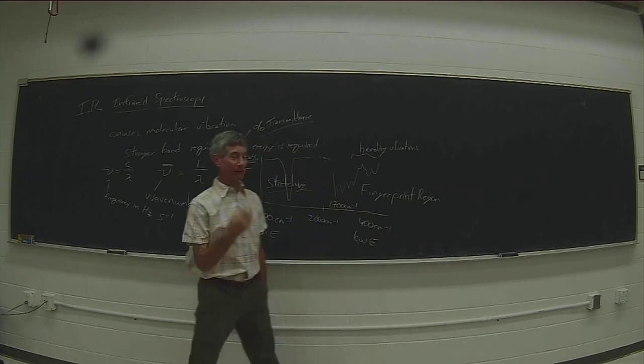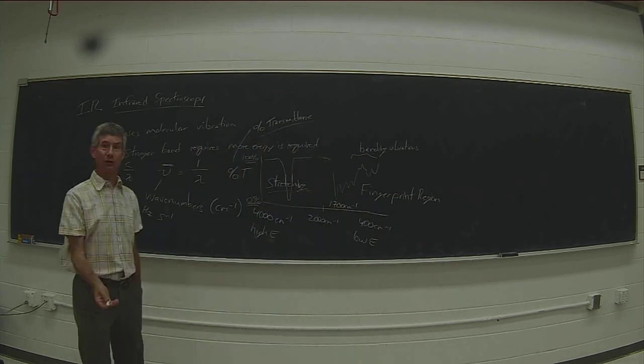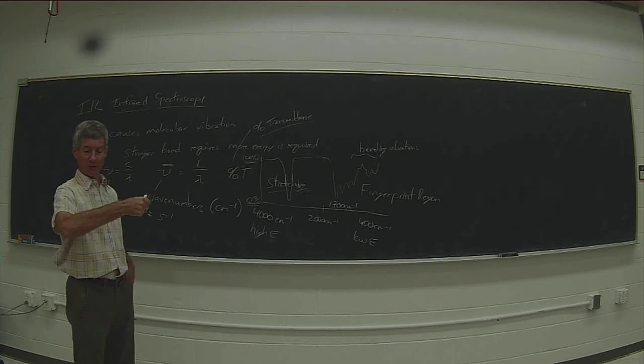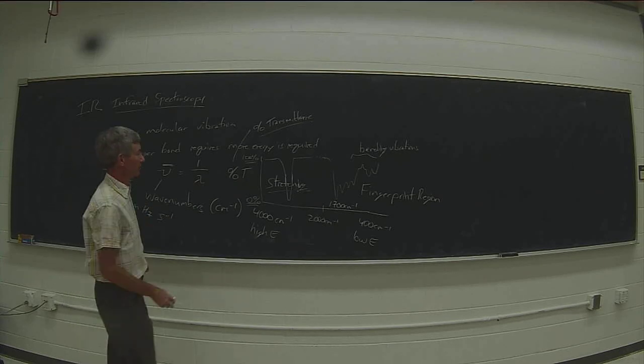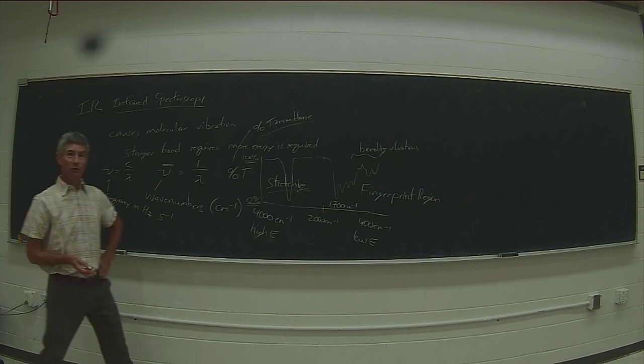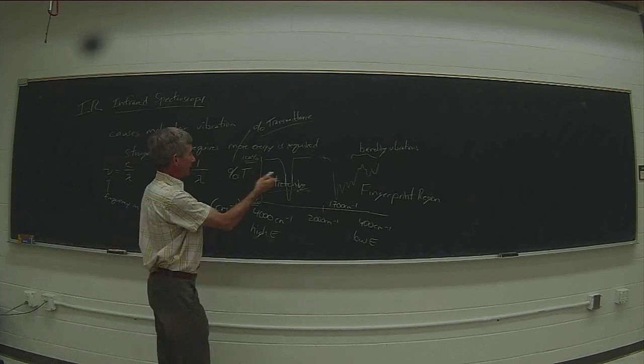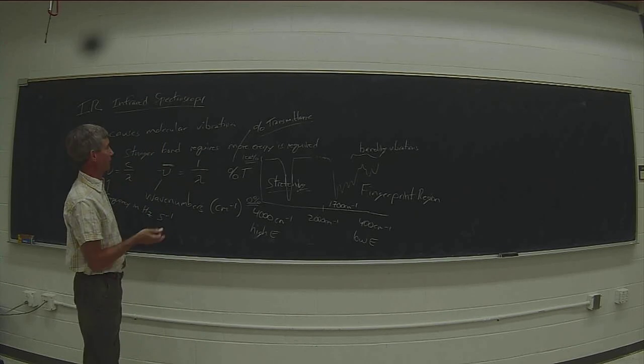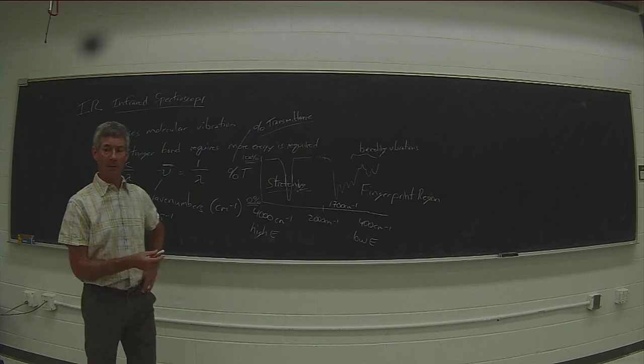And it always takes less energy to bend something than it does to stretch it. It's much easier to bend your arm here than it is to stretch it out and dislocate your elbow. So we're going to look at this region. You've already used the infrared spectrum, and so you already have had a sense for where some of these peaks show up.